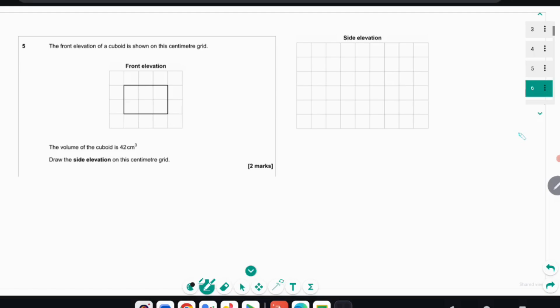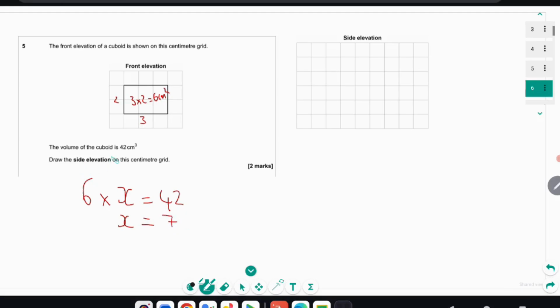The front elevation of a cuboid is shown on the centimetre grid, so it's got to be 3 by 2. We don't know the depth of it, but we know the volume is 42. So if you've got a 3 by 2, 3 times 2 gives you 6 centimetres squared. If you times that by the depth, which I'm going to call x, we get a volume of 42 centimetres cubed. So let's divide both sides by 6, which gives you x is 7.